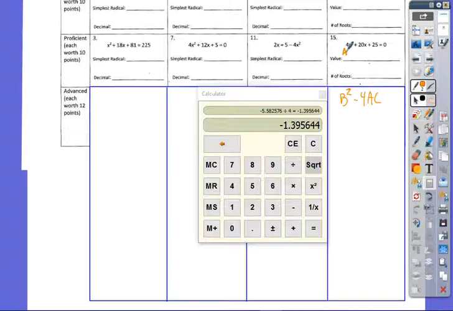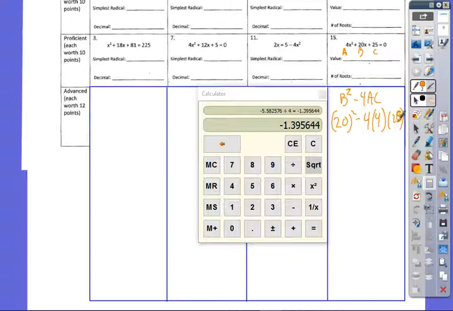So the a value is 4, the b value is 20, the c value is 25. So let's plug in those numbers. So we have 20 squared minus 4 times 4 times 25, my fault.